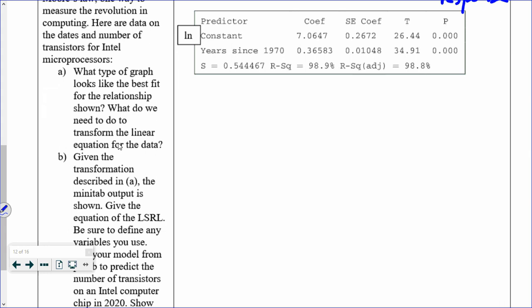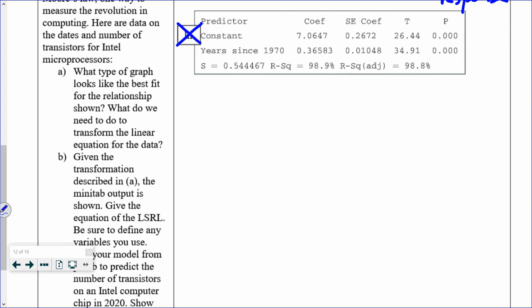Okay, so looking at that Minitab output, it's giving us the constants, assuming the data has already been transformed. So it assumes that we're taking the natural log of the y's. I don't know why this ln is here. We don't have to worry about that.